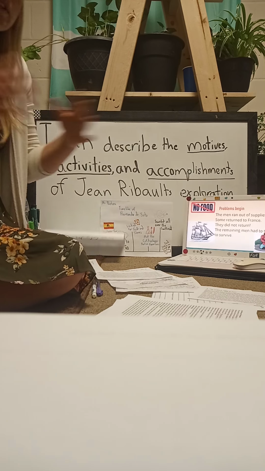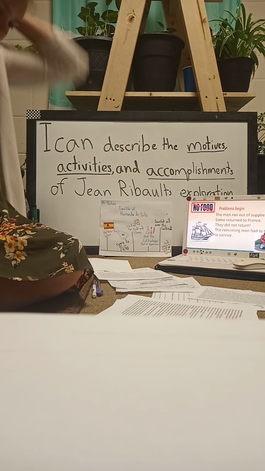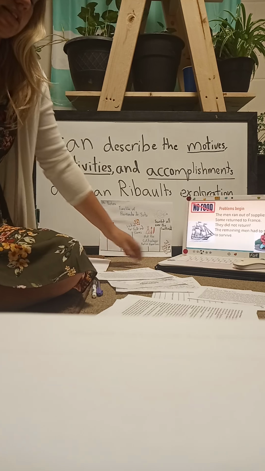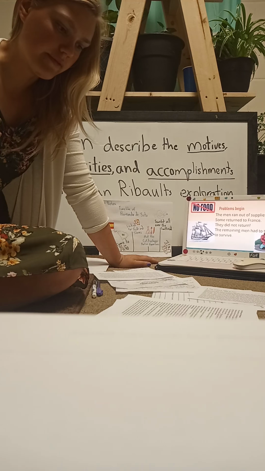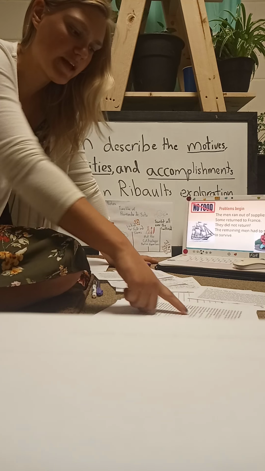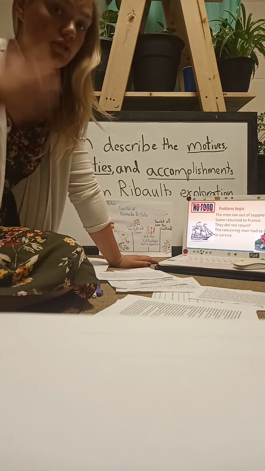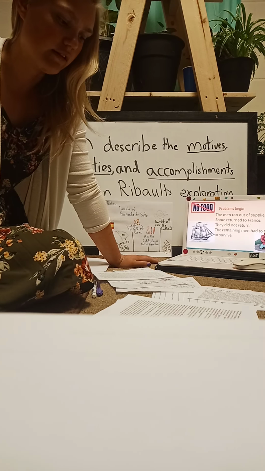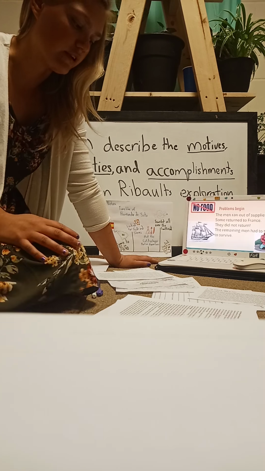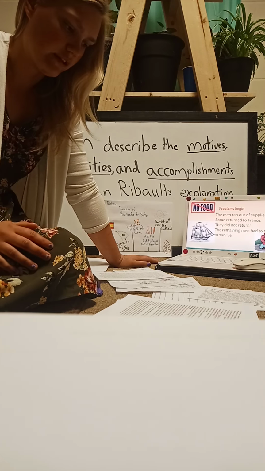That was probably the most exciting part of this lesson. And I think that the students would really enjoy it in the next lesson since they already know a lot about Jean Ribault. On my paper here, I have some links to some additional online resources I used to look up information about Jean Ribault, just so I could get more information outside the textbook and standards and Social Studies Weekly.